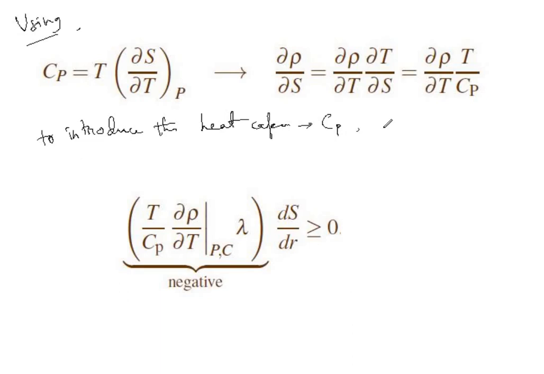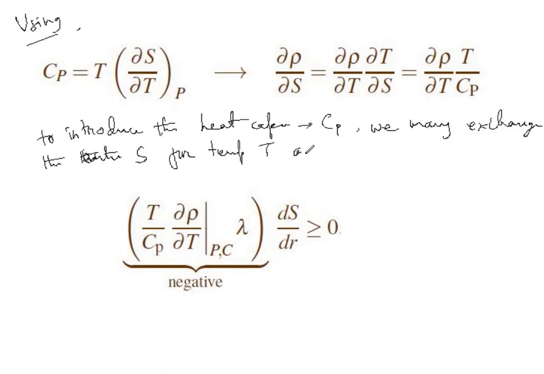Now after this we may exchange the entropy S for temperature T as variable. So after introducing Cp, now we are going to exchange entropy for temperature T as variable, and if we do that then our Schwarzschild condition becomes this condition.